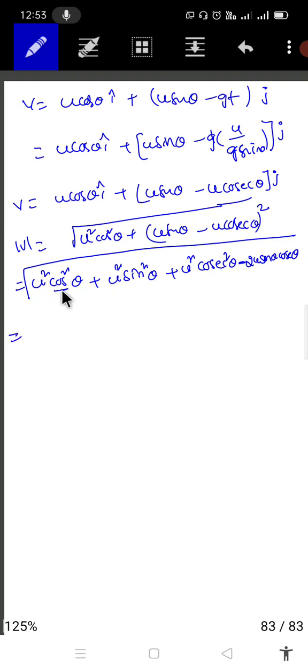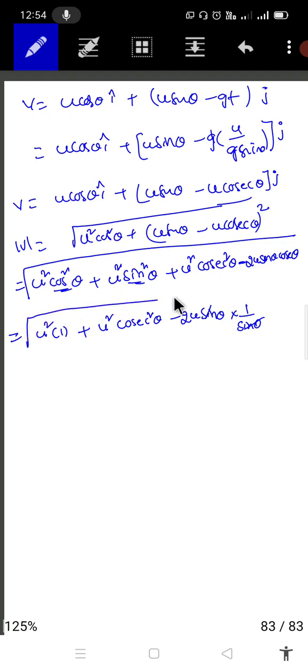So this becomes u square common: u square into cos square theta plus u square cosec square theta minus 2 u sin theta times cosec theta. Cosec theta I am going to write as 1 by sin theta, so sin theta gets cancelled. So now we have u square cos square theta plus u square cosec square theta minus 2.